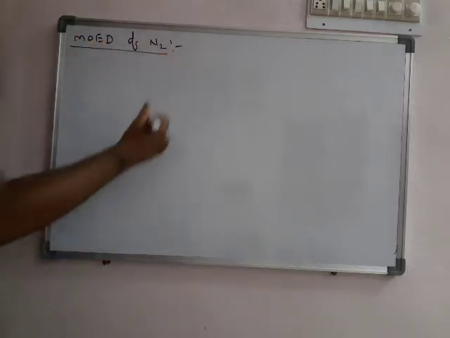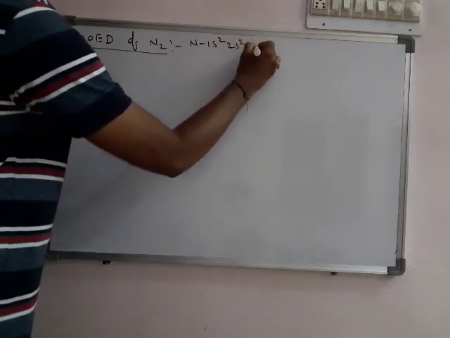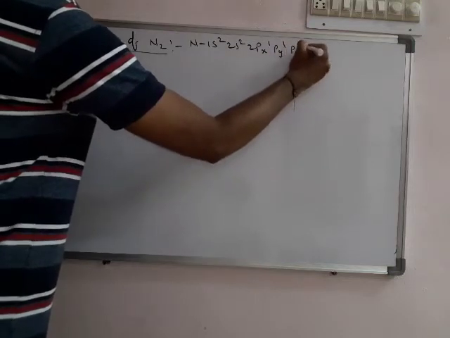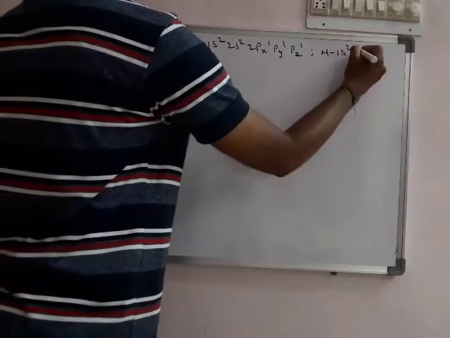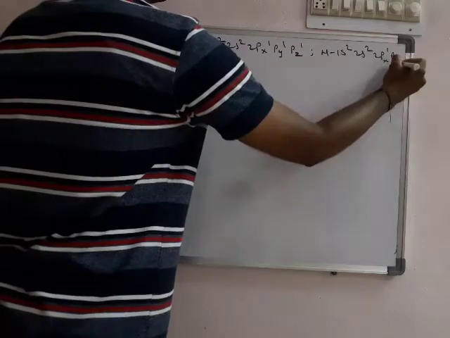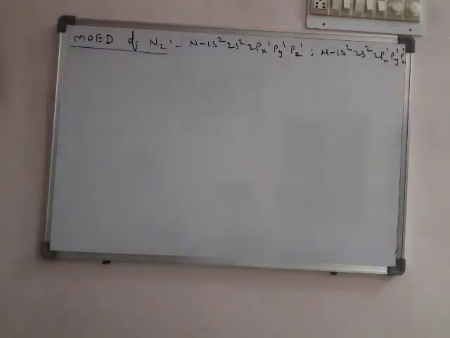We know the nitrogen configuration: 1s2, 2s2, 2px1, 2py1, 2pz1. The second nitrogen also has the same 1s2, 2s2, 2px1, 2py1, 2pz1.